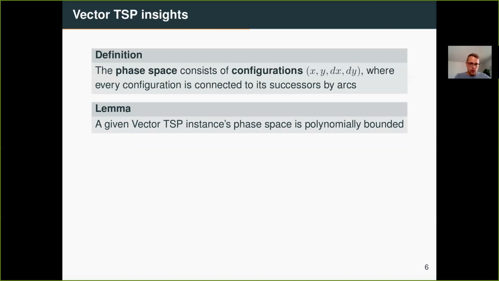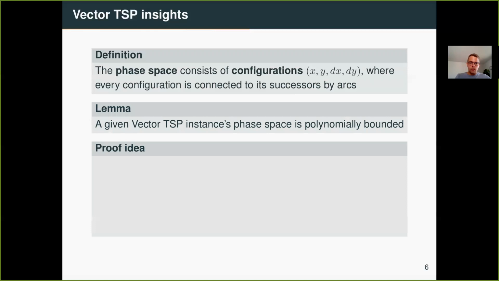Our little lemma here says that the phase space for a given VectorTSP instance is in fact polynomially bounded. And here's the proof idea. You take a simple solution, and here the simple solution for us is the bounding box walk. The bounding box walk is when you have all of your points in the plane here, you take a bounding box surrounding all of these points, enclosing them as tightly as possible, of course.